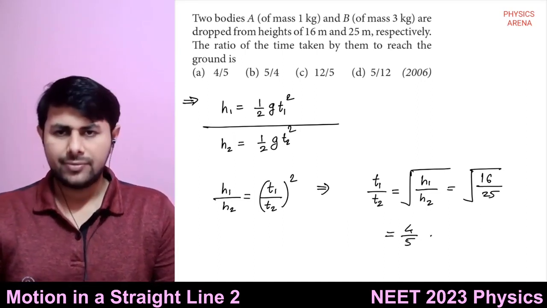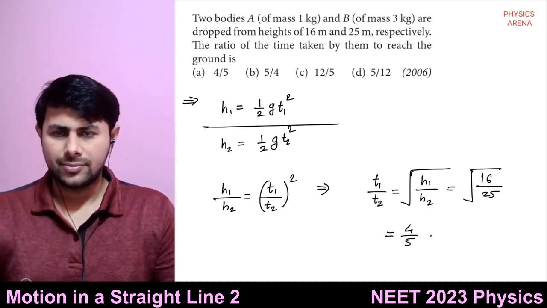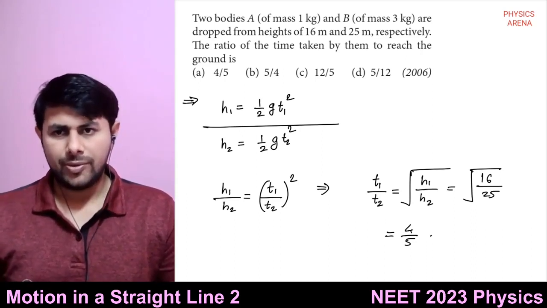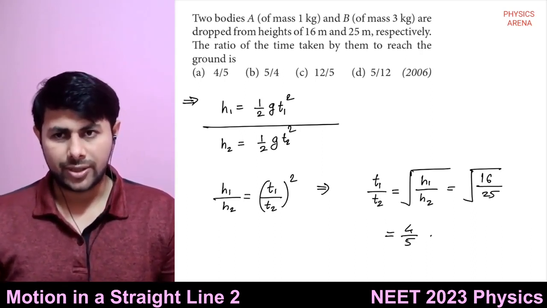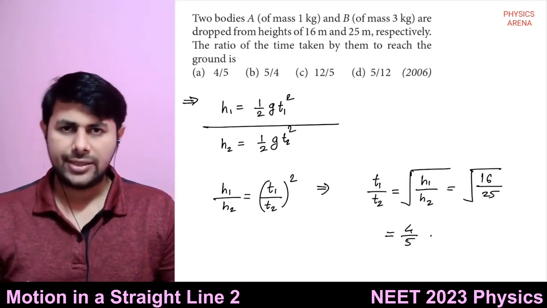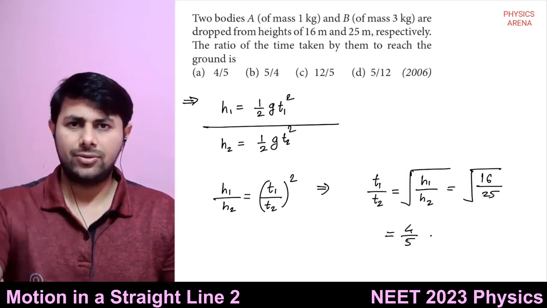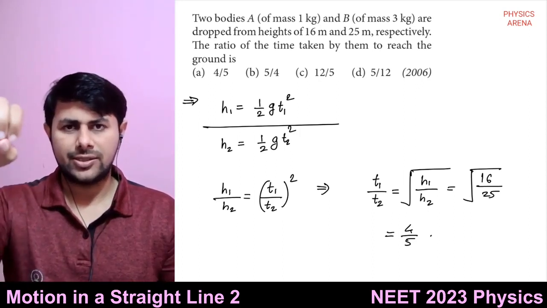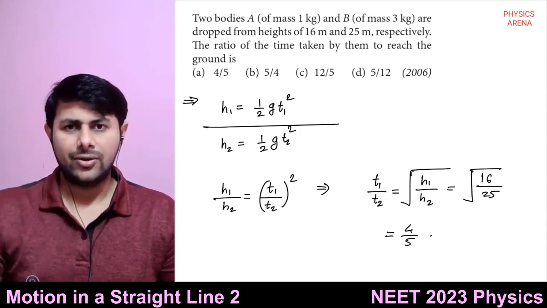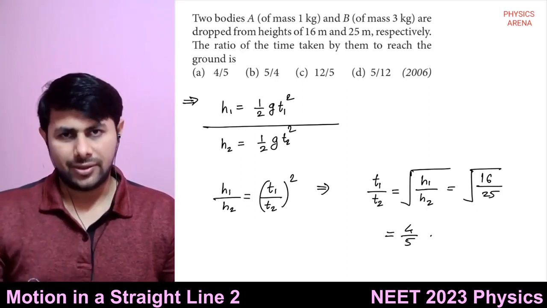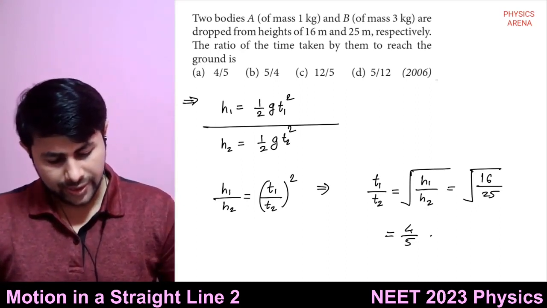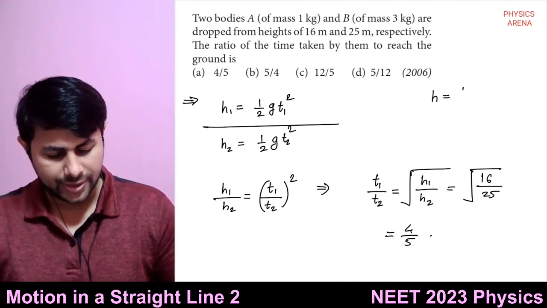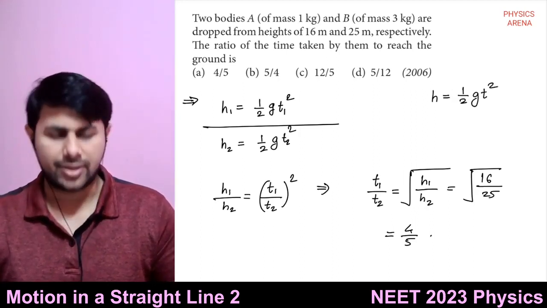Okay, simple. If you remember a formula over here, what is the formula? Let's say time taken by an object which is under free fall, released freely under gravity, to reach the earth is t. Then you can write the height is equal to half of g multiplied by t square.